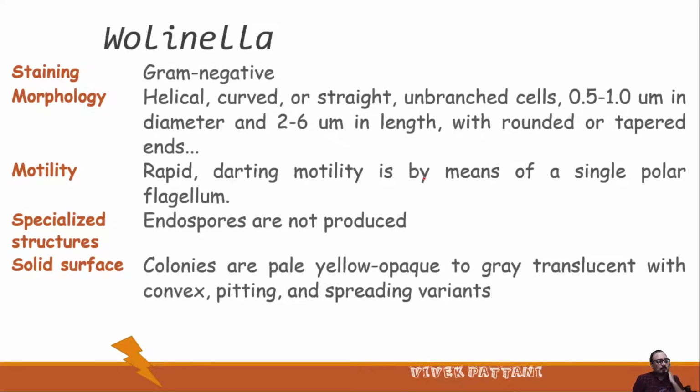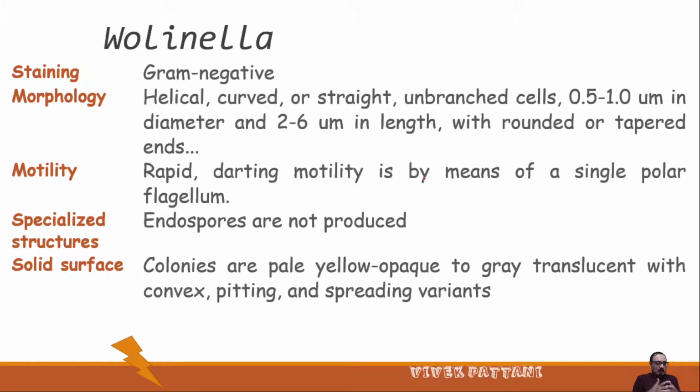Wolinella are generally gram-negative and have a morphology which is helical, curved or straight, unbranched cells, about 0.5 to 1 micrometer in diameter and 2 to 6 micrometers in length, with rounded or tapered ends.